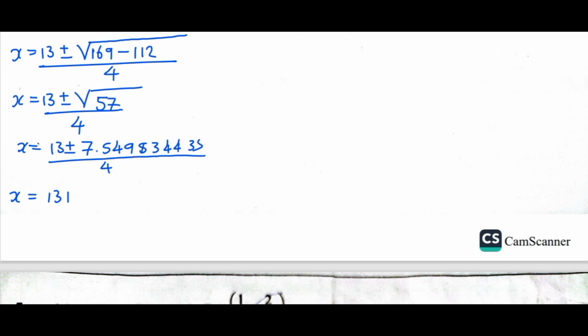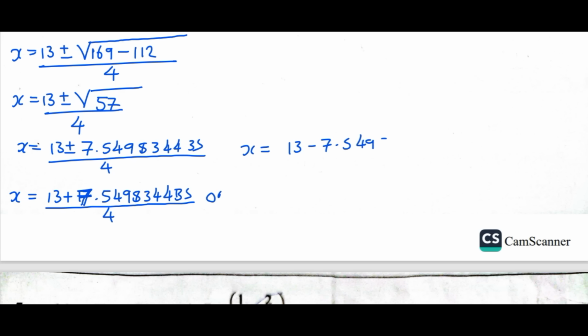So x is equal to 13 plus this number over 4, or the other value will be x is equal to 13 minus this number over the same number here.